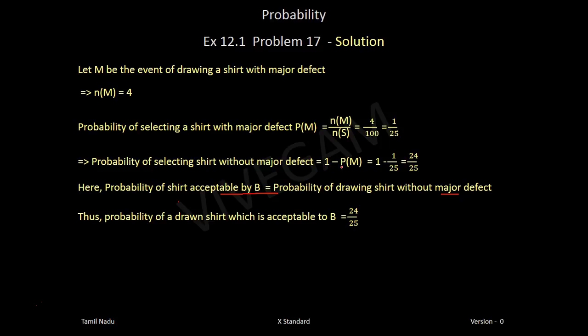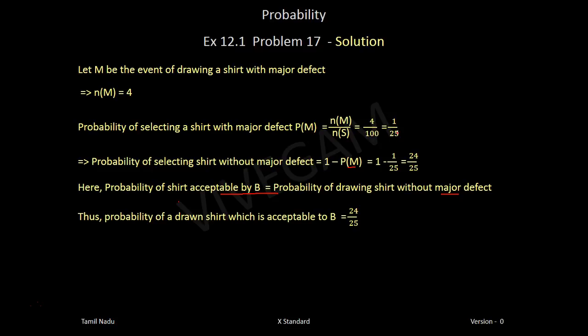That is 1 minus the probability of drawing a shirt with major defect. And what is the probability of selecting a shirt with major defect? Number of shirts with major defect divided by total number of shirts. And how many shirts are there with major defect? It's 4. So 4 by 100 is the probability of selecting a shirt with major defect.